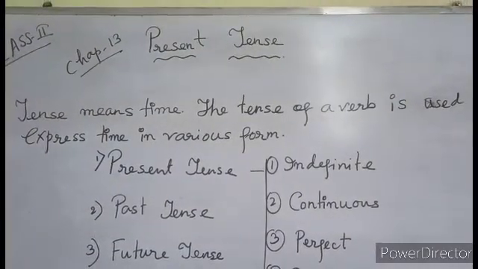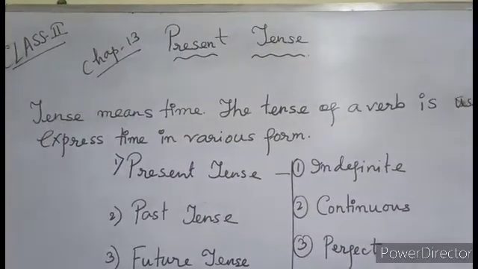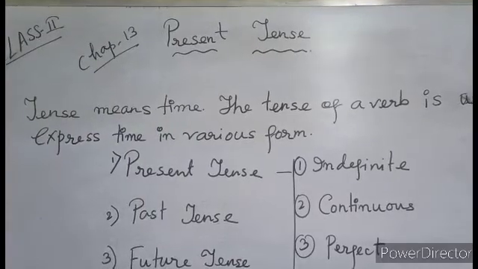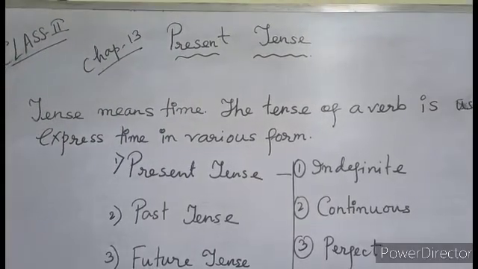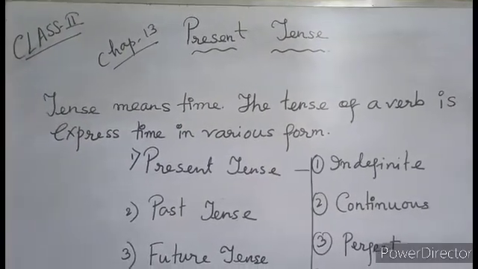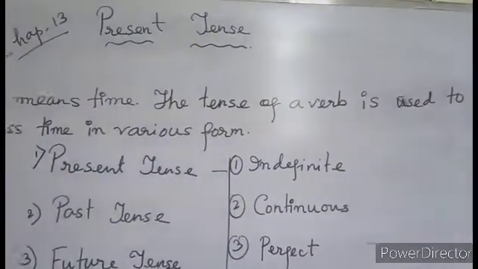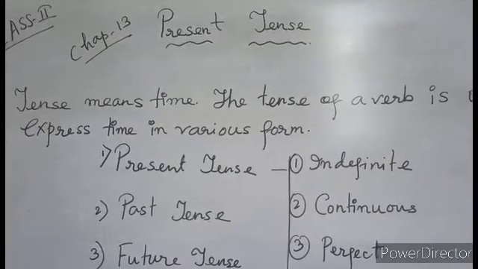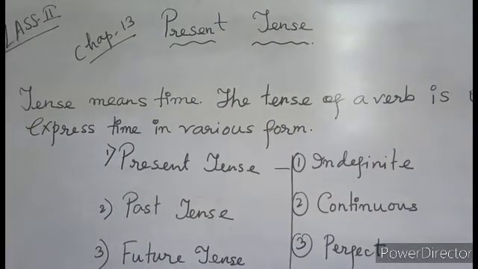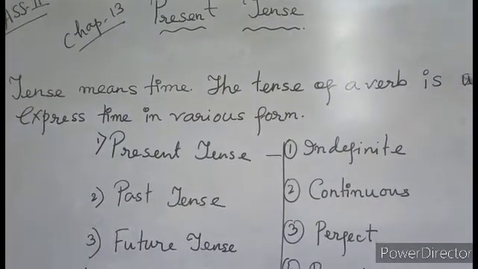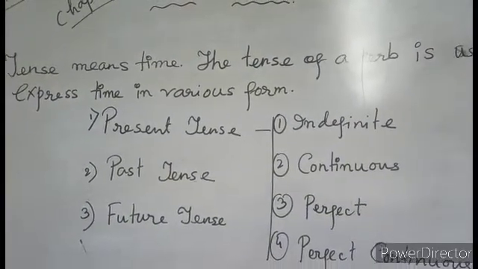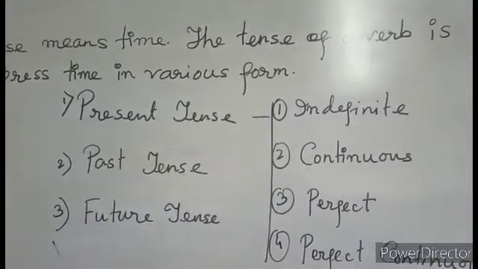As you can see on the board, I have written that tense means time. I discussed the definition of tense in the previous class. A tense of verb is used to express time in various forms. The time may be in the past, in the present, or in the future.